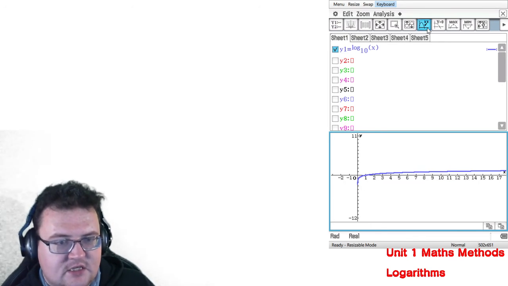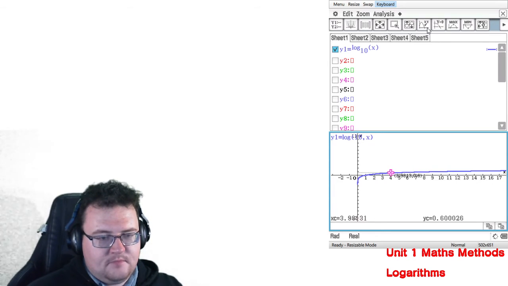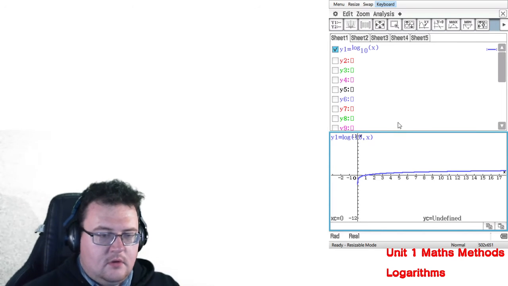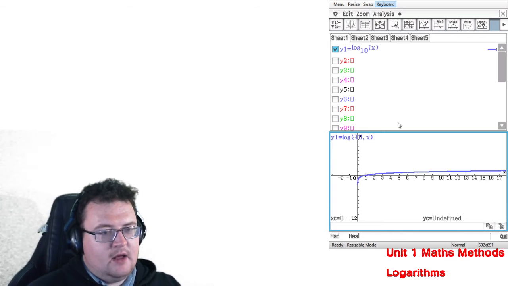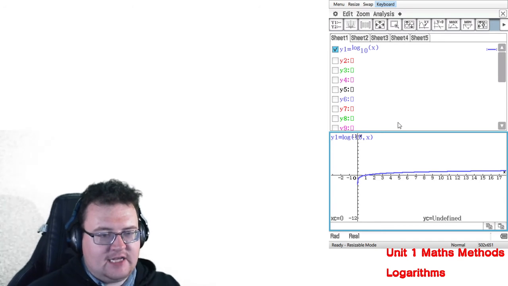It starts, where does it start? Let's go all the way back to 0. So at 0, the graph is undefined. Because remember that 10 to the power of something can never ever equal 0. X cannot equal 0.